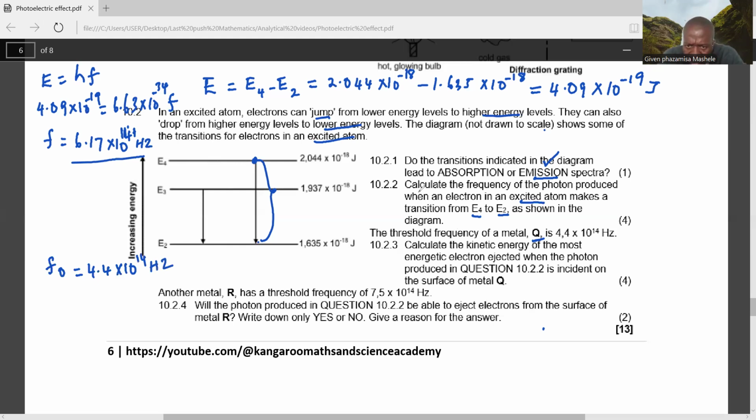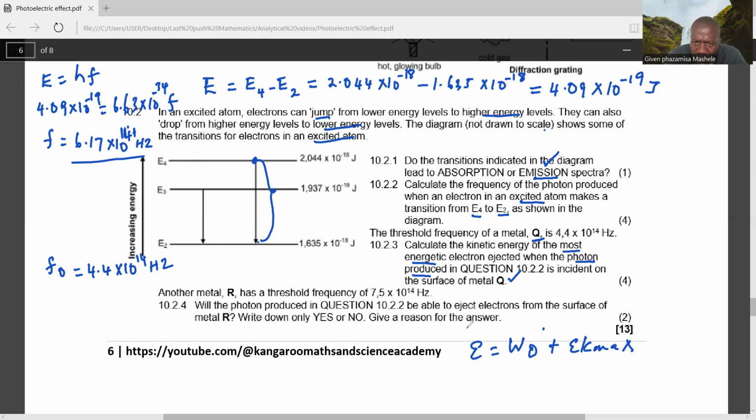Then we are asked to calculate the kinetic energy of the most energetic electron ejected when the photons produced in question 2.2 are incident onto the metal. So it's just a continuation, we have E equals W naught plus EK maximum.